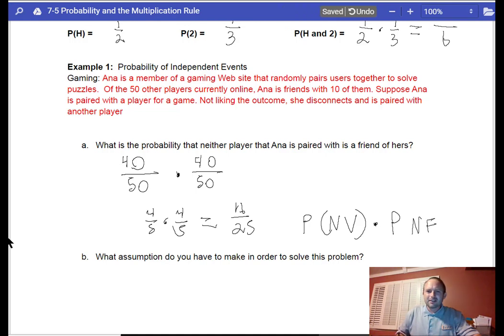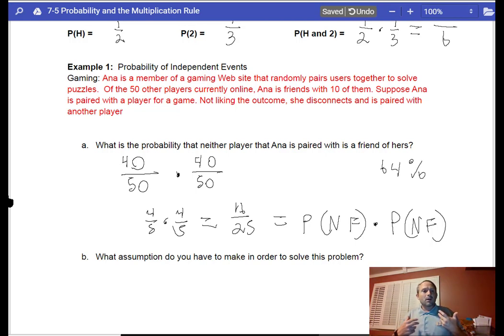It's an I instead of an E. So that's equal to 16/25. What percent is that? Well, if I times 4 and times 4, it'd be 64%. Now, a lot of the time, you're going to want to change it into percent so that we have that understanding. It's a lot better to understand 64 out of 100 than 16 out of 25.